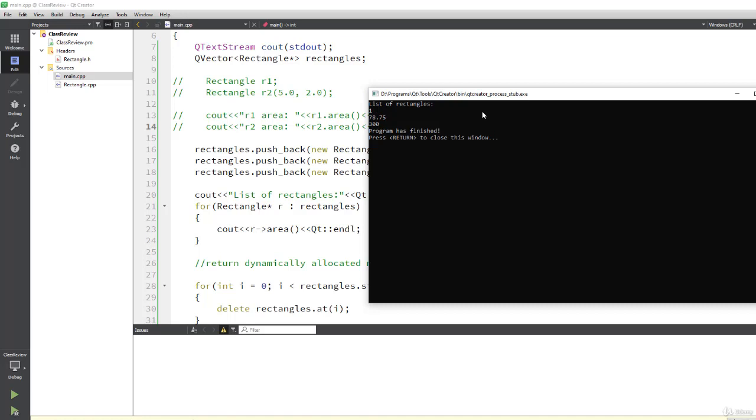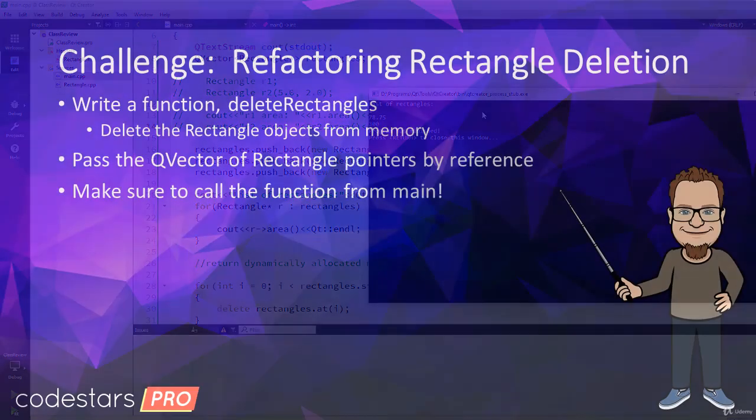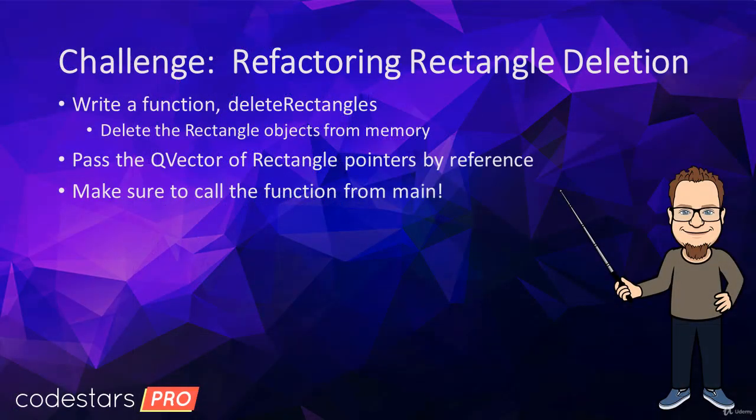That's pretty cool. So before moving on, though, I have a little challenge for you. I'd like you to make a small adjustment to the program, just for some practice and review of the material that I hope you're familiar with already. I'd like you to write a function named deleteRectangles to take care of deleting the rectangle objects in the QVector, or rather the objects pointed to by the pointers in the QVector.